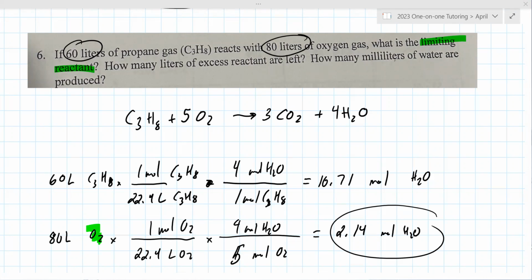Or the equation. 3CO2, 4H2O. Yeah, the equation is okay. 5O2, 60 liters C3H8, 22.4, 1 mole, 1 mole, 4 mole, 80.